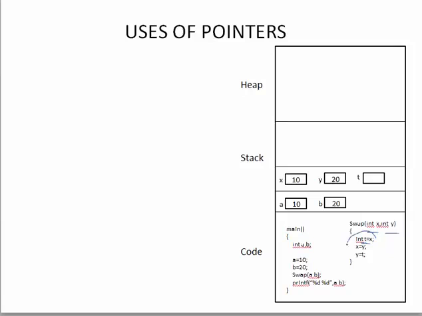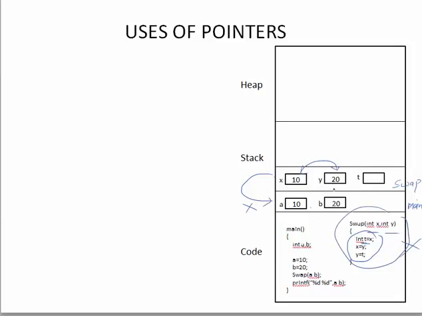When the swapping of these two values is done, it is done within the swap function only, because this function cannot access the data present inside the activation record of main. This activation record belongs to main and this belongs to swap. So one function cannot access the data or the activation record of another function. This is the limitation, so this is not going to work.